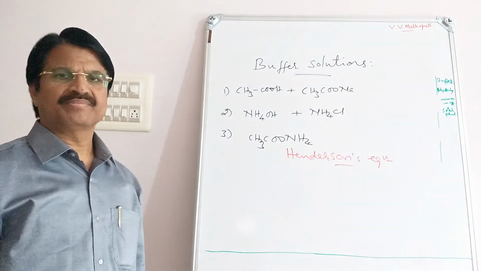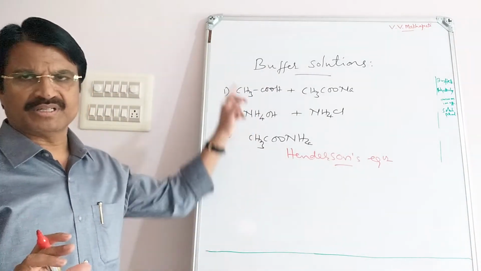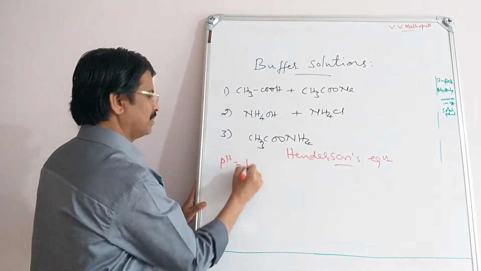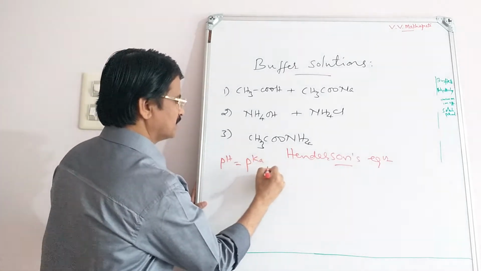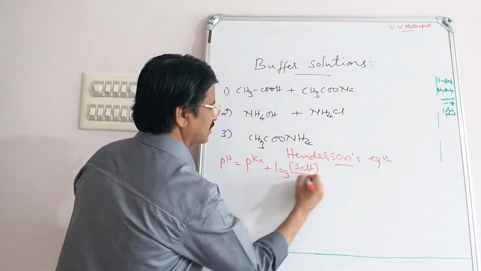Henderson's equation for buffers: pH equals pKa plus log of salt by acid.